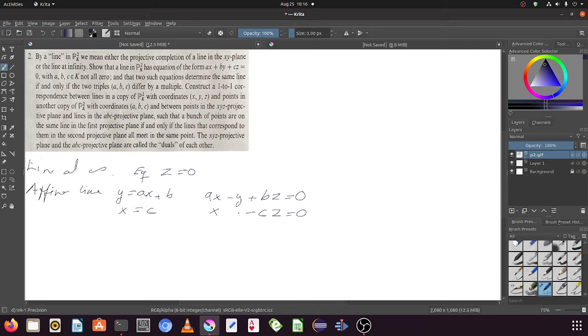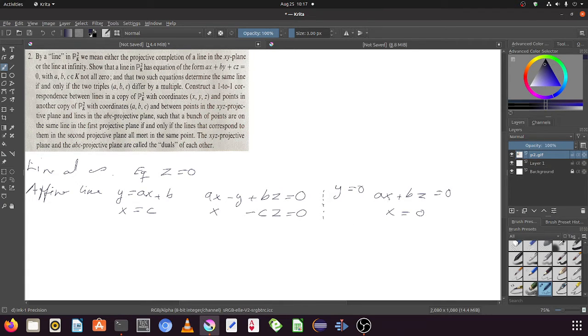And then we should choose an affine space where, say, y equals 0, y is naught. Now does this make sense at all? And what do we get then?